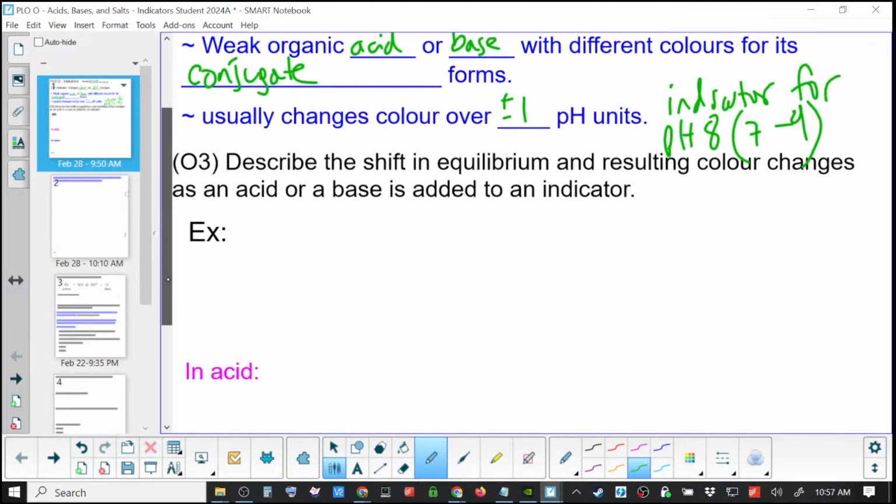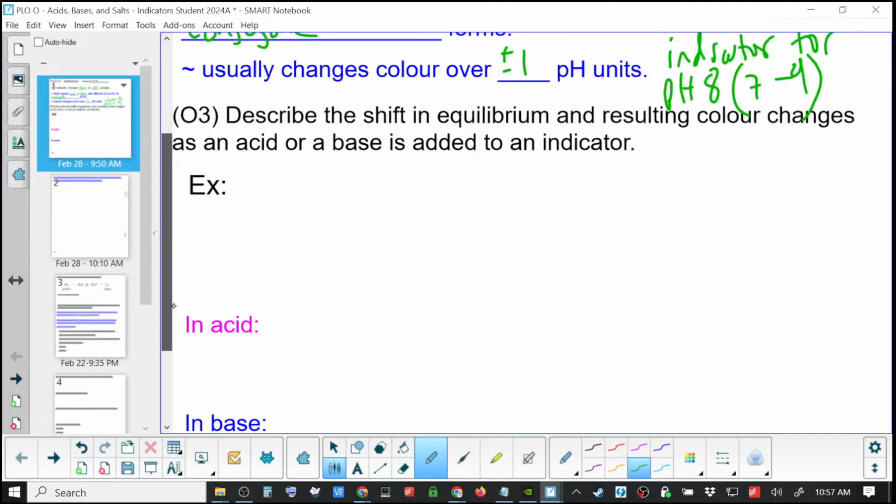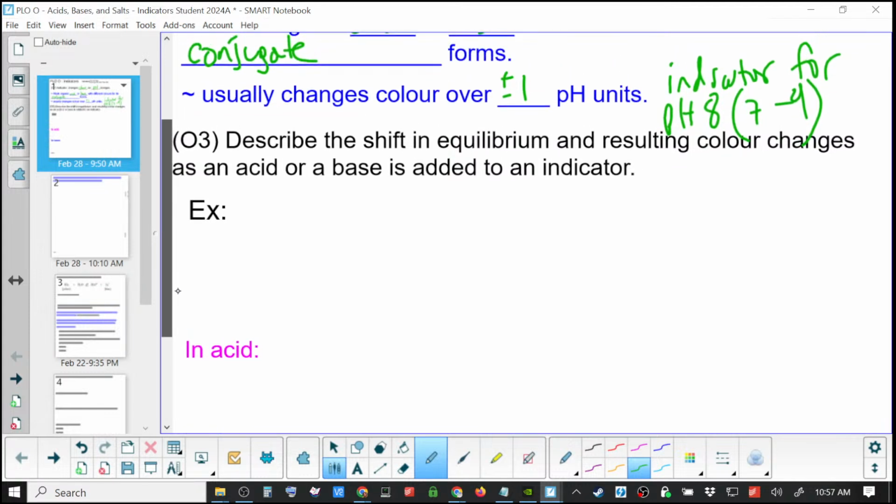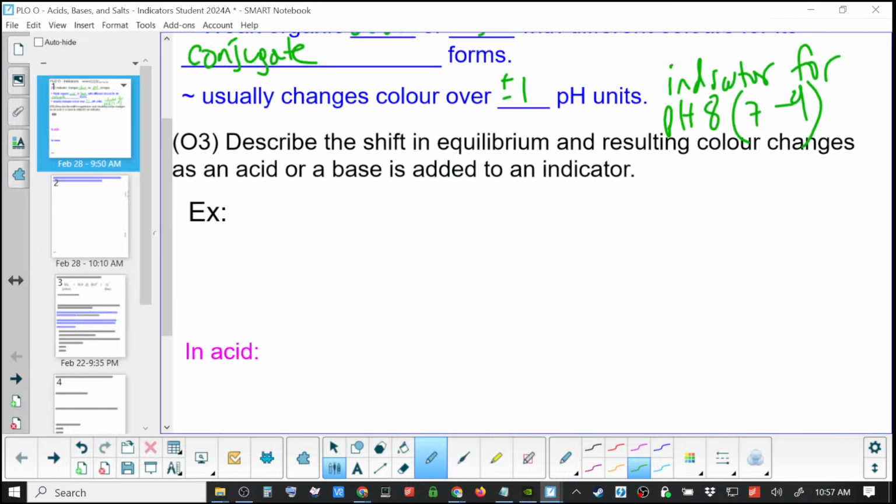Indicator for pH 8, 7 to 9. Whereas 4 would be like that, or that. But now I will erase that.